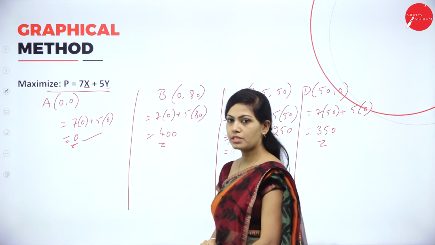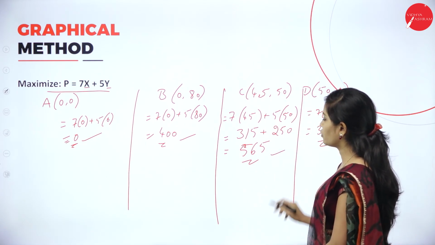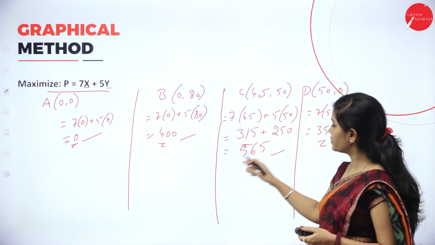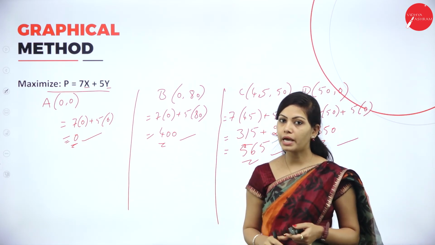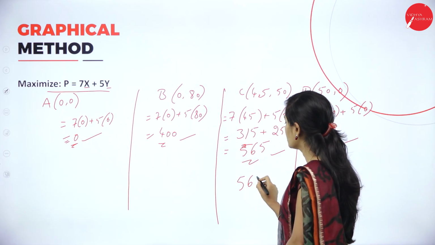So out of these four values, which is the maximum? For point A, we got 0. For point B, we got 400. For point C, we got 565. And for point D, we got 350. So the maximum value is 565.